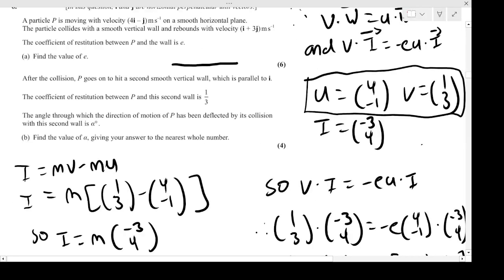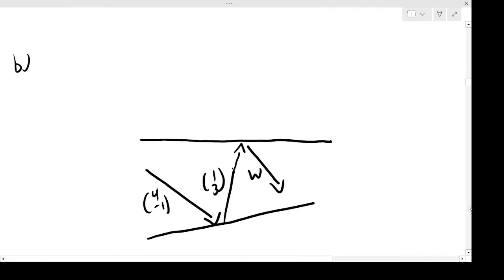I'm told the coefficient of restitution here is a third. The angle through which the direction of motion has been deflected in the second wall is alpha. So we need to find the angle of deflection for the second collision.